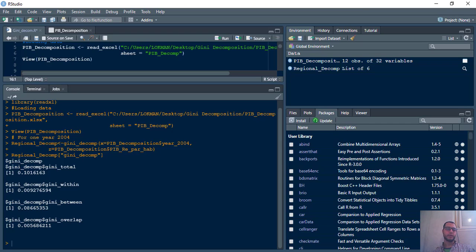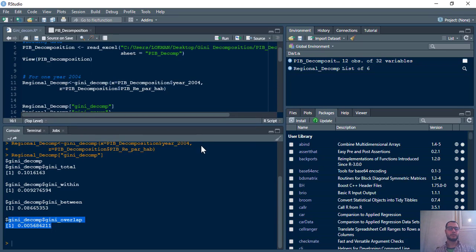So the total Gini equals the within effect plus the between effect plus the overlap, or the interaction effect.